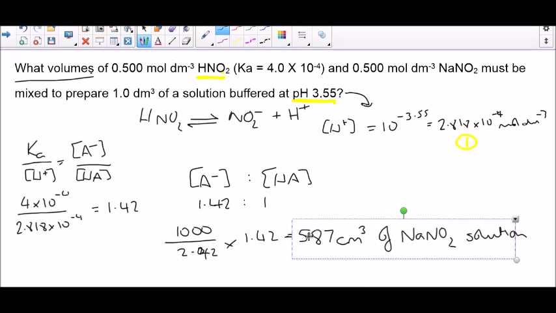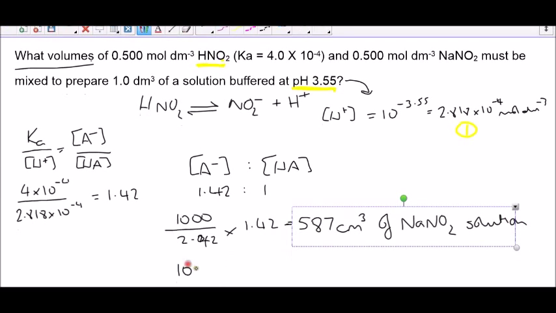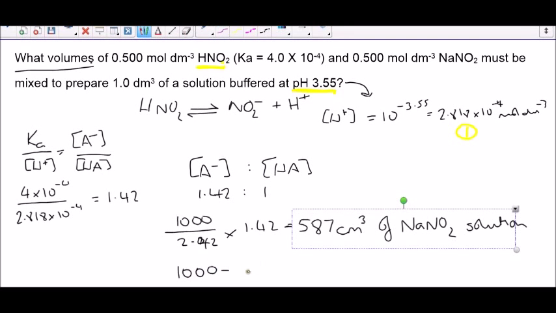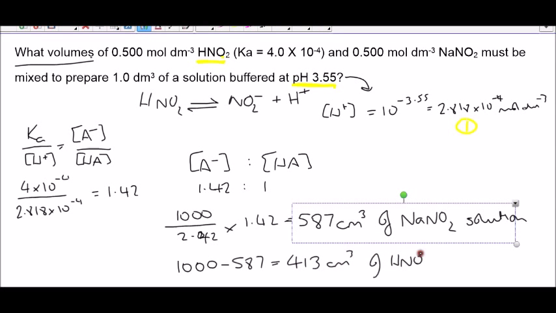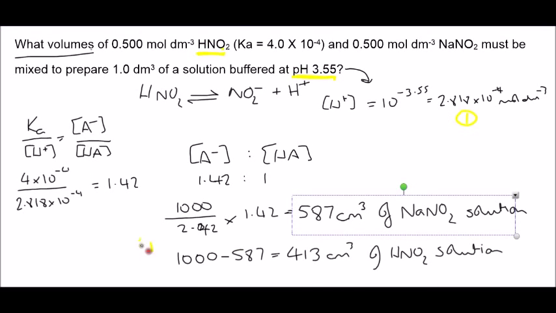So if I'm making up 1 decimeter cubed, then I'm going to work out how much of the nitrous acid I need. So that's going to be, take away that, gives me 413 centimeters cubed of the HNO2 solution. And that would be our final answer.